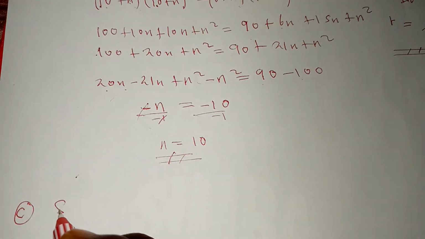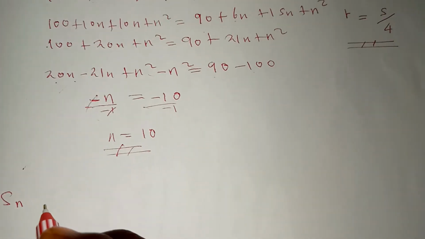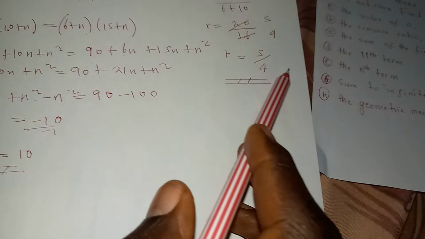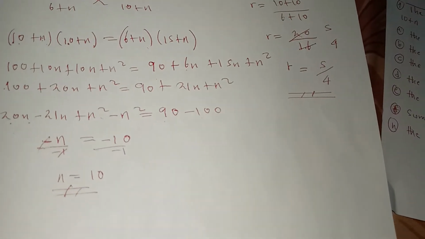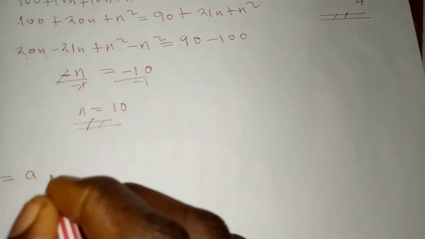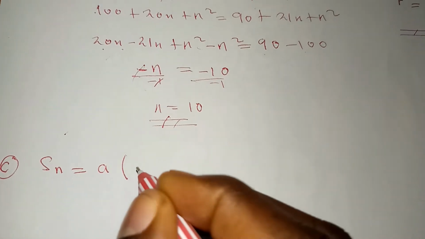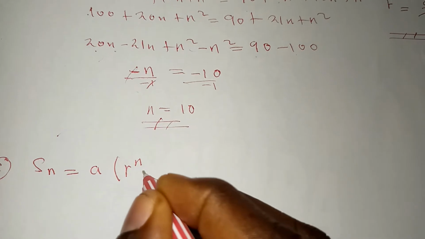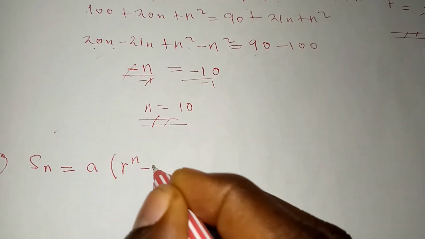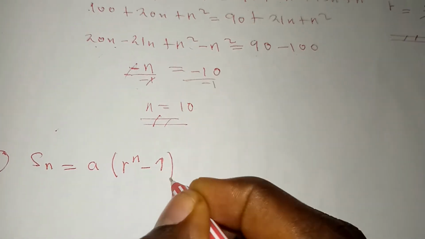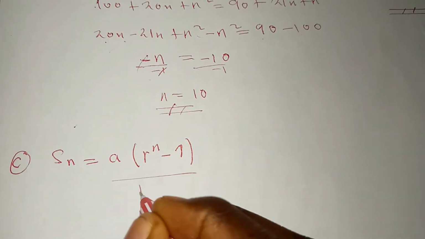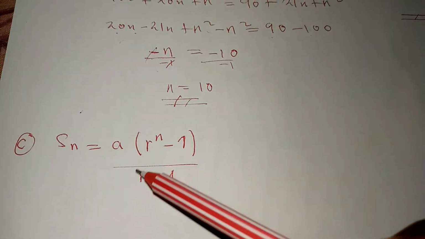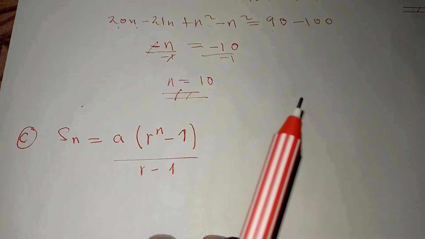So sum of terms, since the common ratio there is greater than 1, then the sum of terms, we use this formula where we say first term multiplied by r to the power n minus 1, then over r minus 1. The reason why we are using this formula is because r is greater than 1 there.